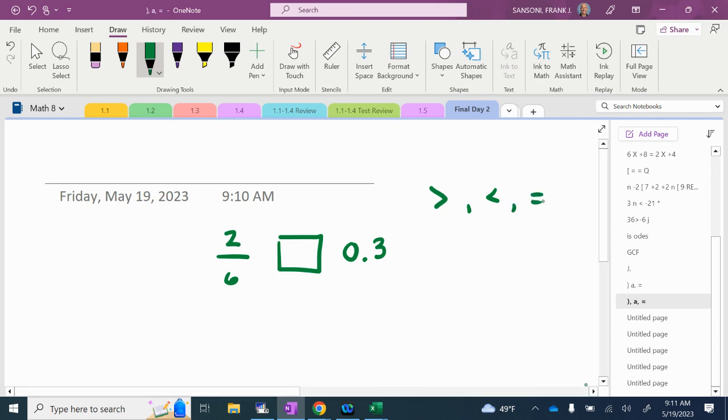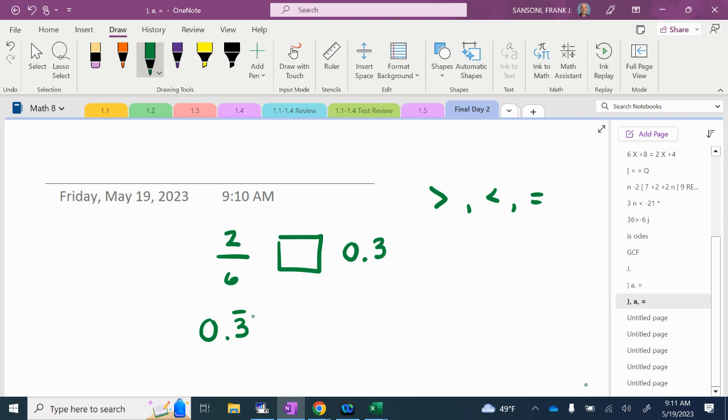Are they equal? Yeah. Why are they equal? Because 2 divided by 6 equals, what's your Apple Watch say? 0.333. Oh, it goes on forever. So if you simplify it, it's 0.3. Yeah, but it's bigger than that because those extra 3s make it slightly larger.